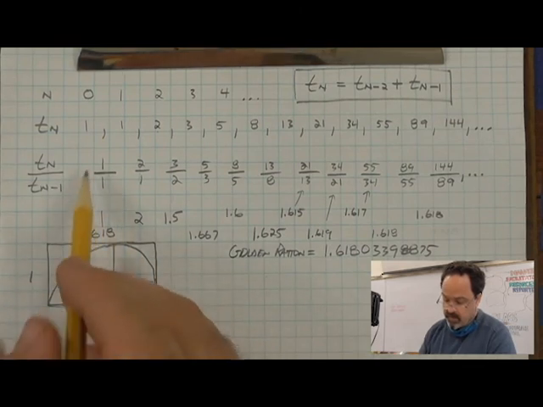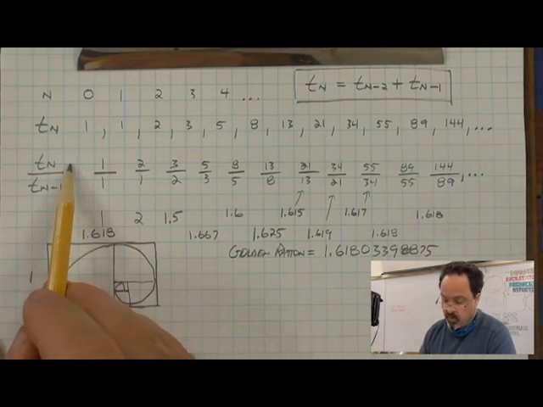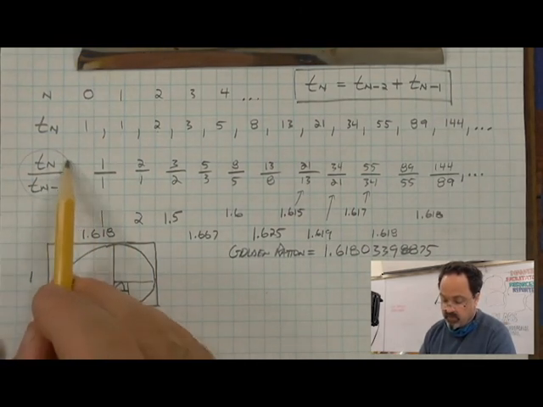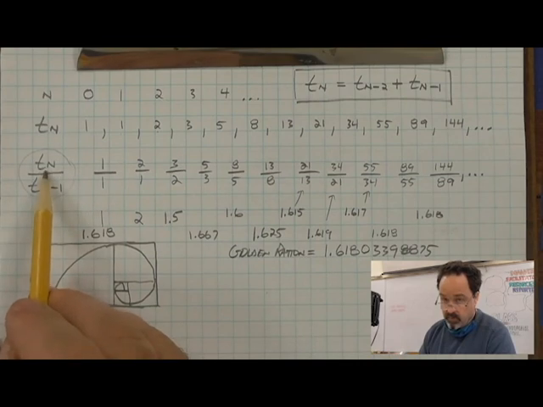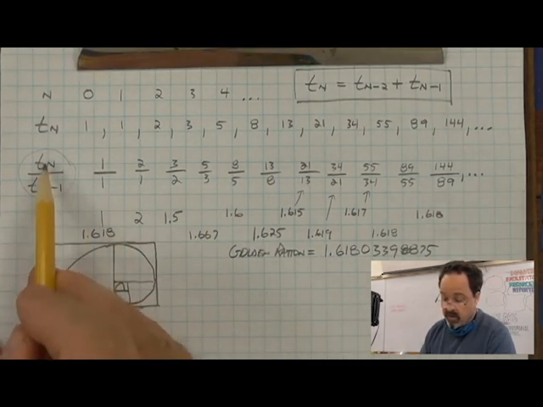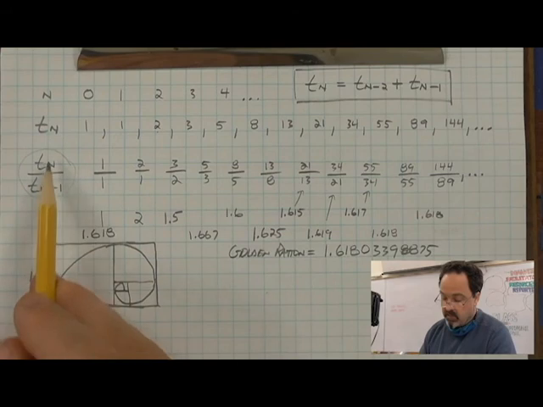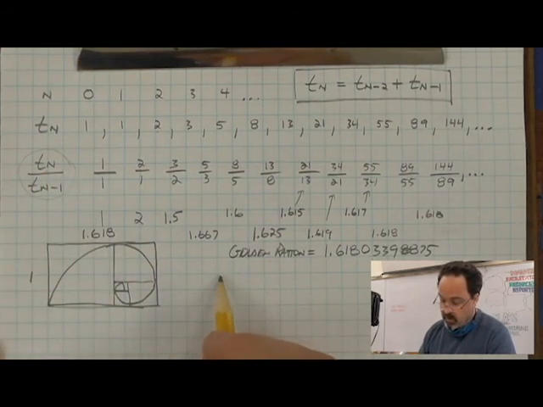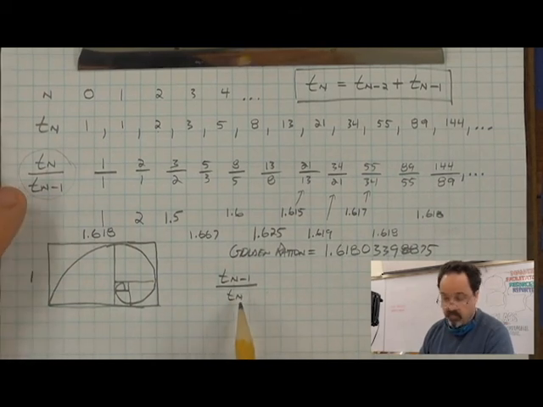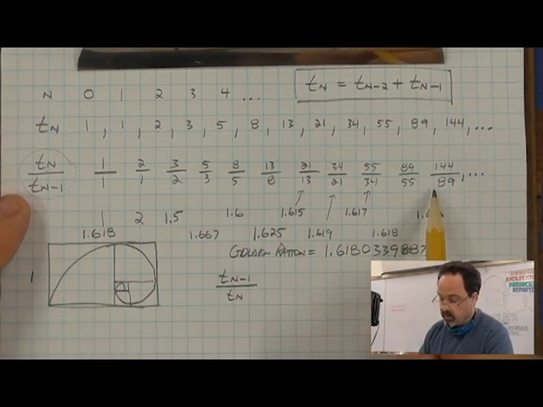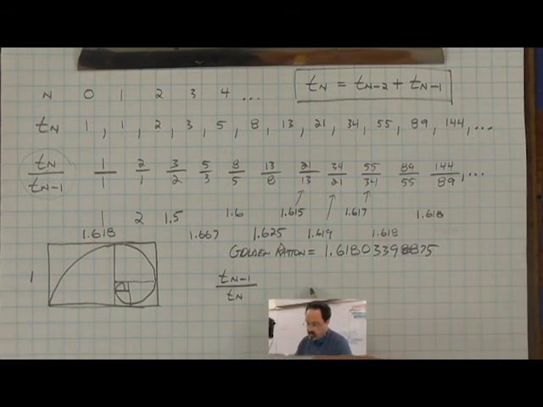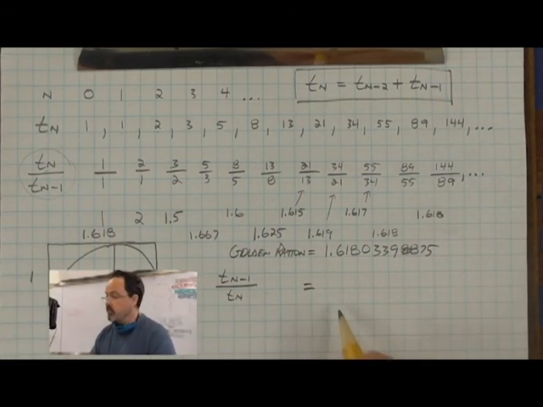One more thing to say, this ratio was created by taking a term value in the Fibonacci sequence and dividing by the one previous. If we form a ratio where we take a term value and divide by the one ahead of it, which is the reciprocal of the study that we made here, then we will get a very similar number.